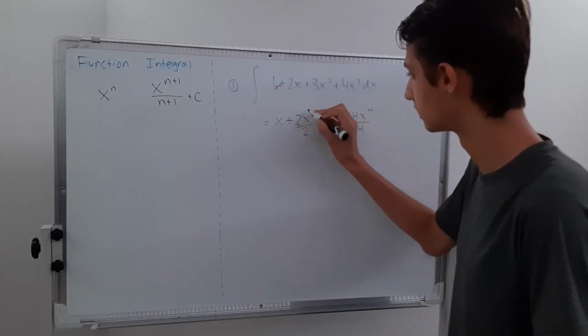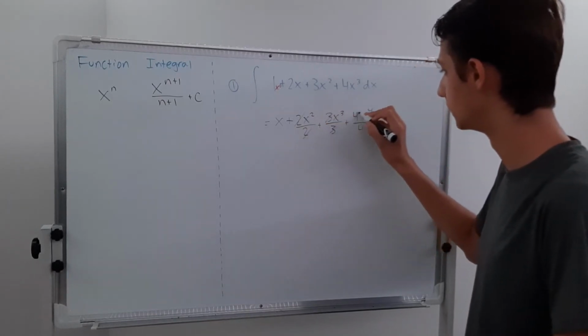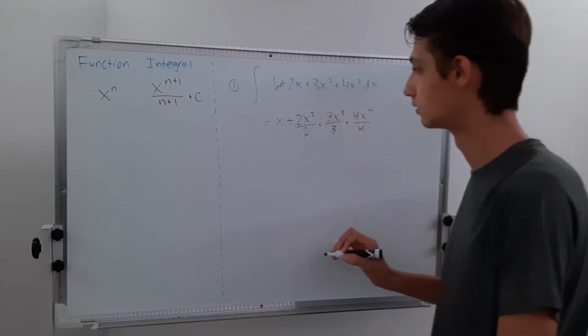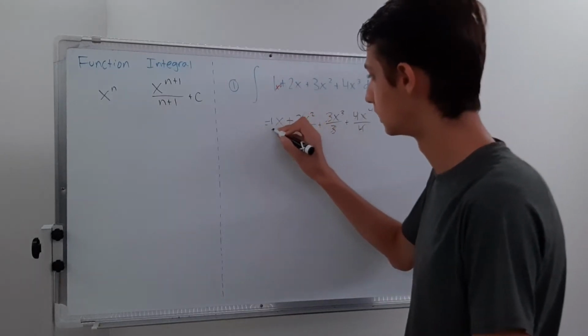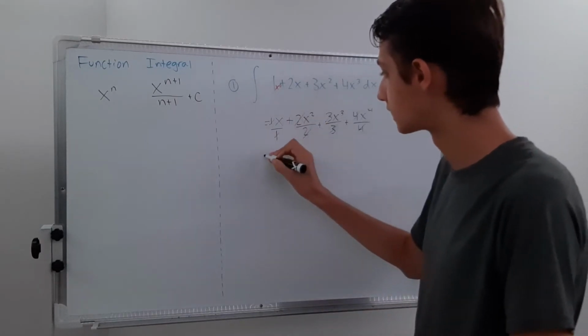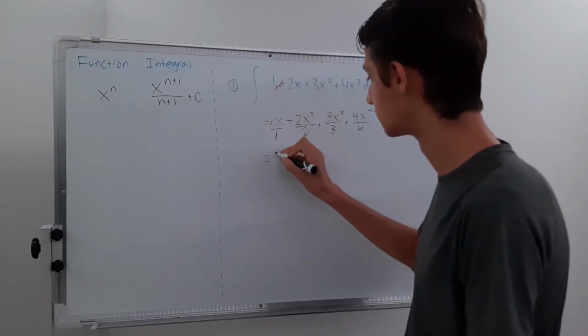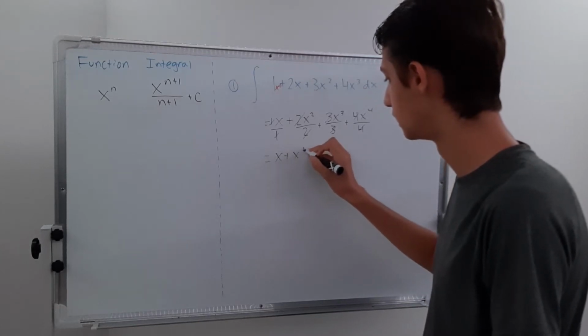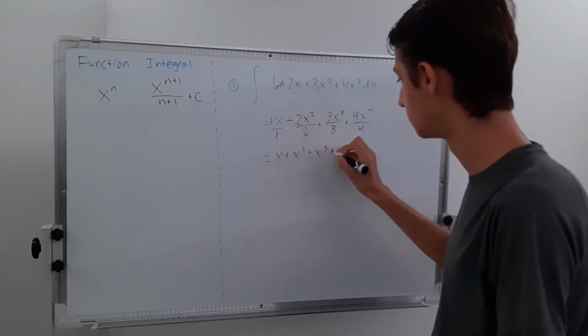And we can cancel out all of these 3's and 4's because this technically is just a 1x over 1, so we can cancel those out.